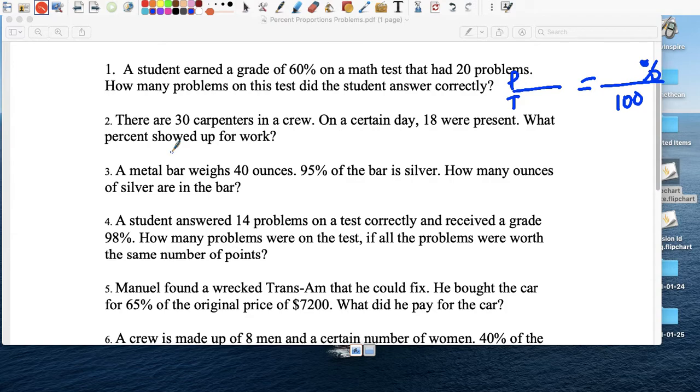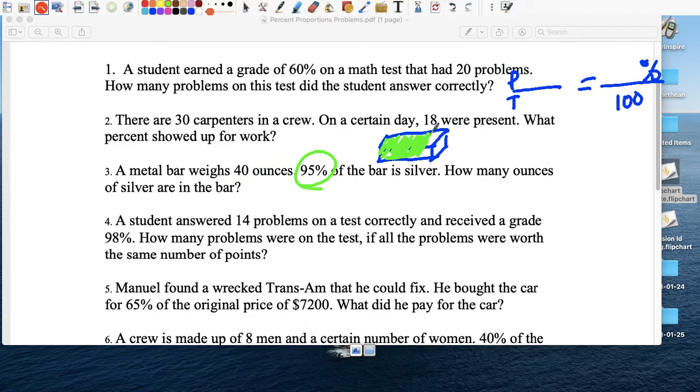Right? So imaginen una barra de silver. ¿Cómo se dice silver? Plata, right? Una barra, un pedazo de metal, de plata. All right? So de todo esto, casi todo, almost, casi todo es plata, hecho de plata. Casi todo, 95%. So how many ounces of silver in the bar?